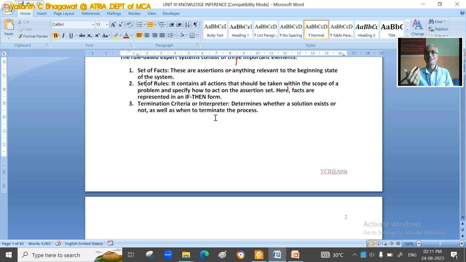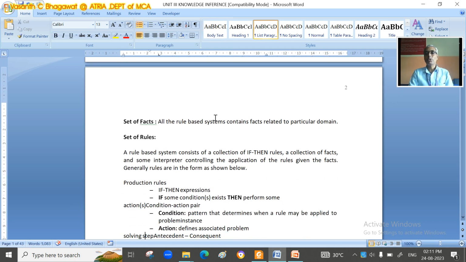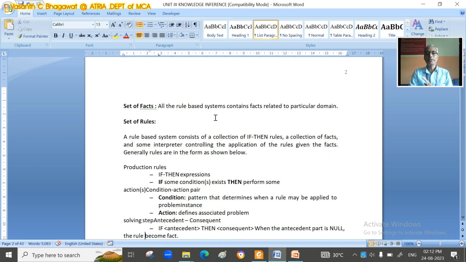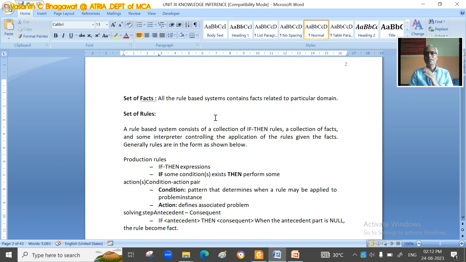For that we have the interpreter, that is, the termination criteria. It determines whether a solution exists for our particular problem or not, or when you want to terminate the program if you are not able to get the solution. If the solution comes, you can terminate. So these are the important things which come into our production based system. Now let us try to understand each one.